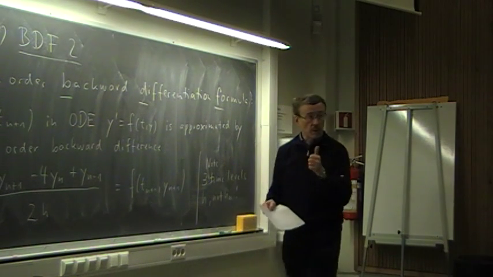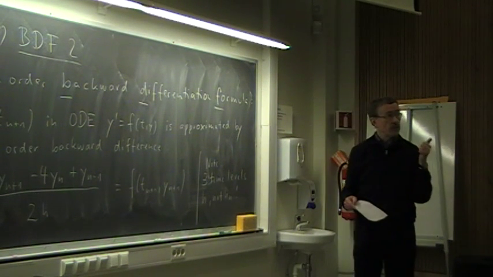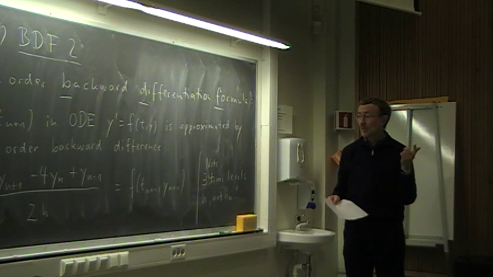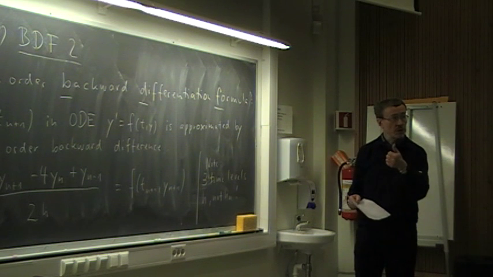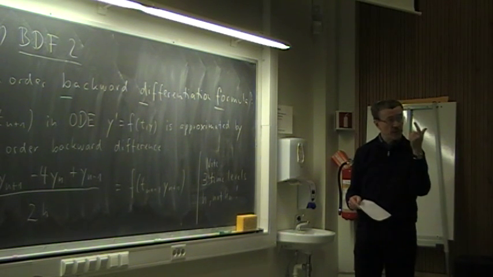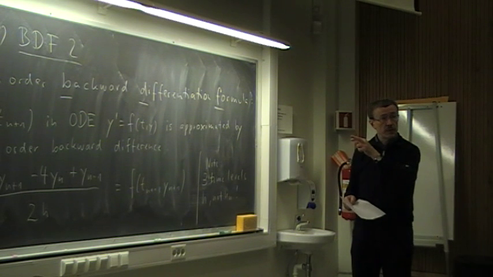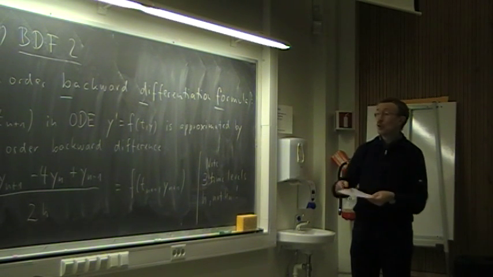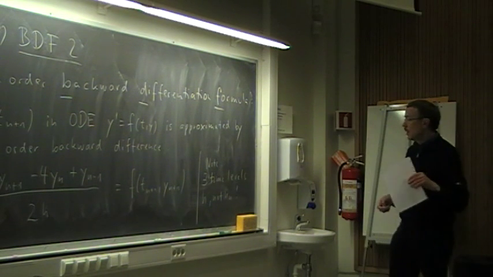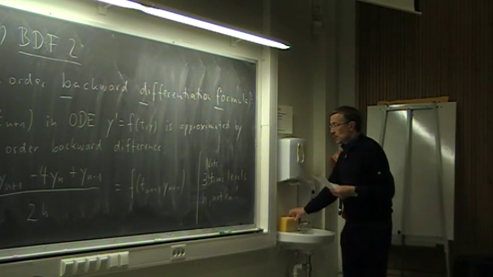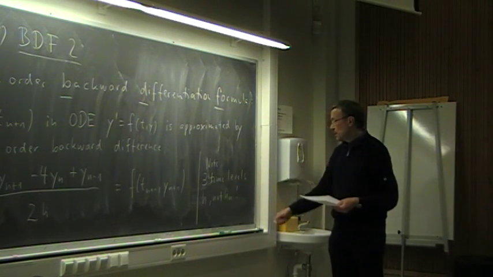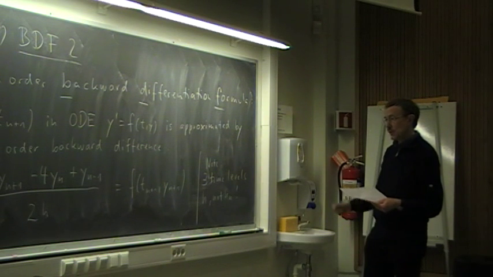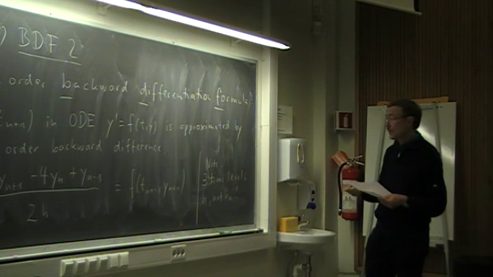We need a 1-step method, as we had before, for example, the trapezoidal method or implicit Euler method, to get this started. So then we compute from the initial condition y0 the y1, and then from time level n equal 2 on, we can use that. So that is also involved here. It has 3 time levels, it has a constant time step, and it needs another method to start.